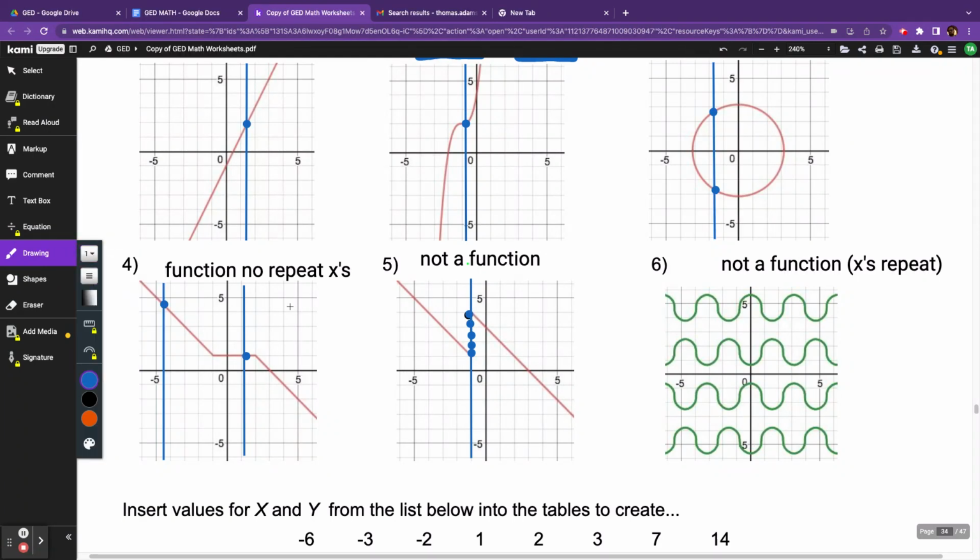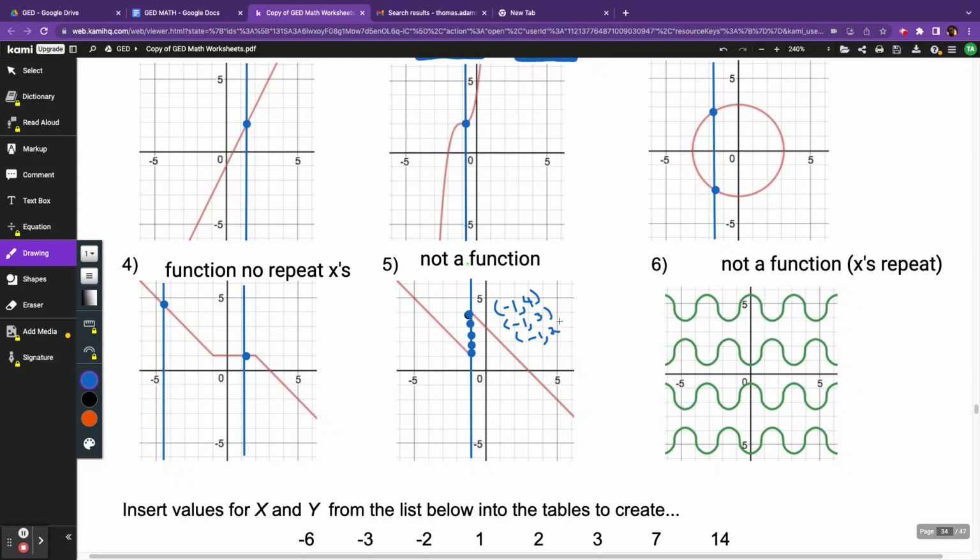here's the really weird thing about this. If I graph this point, it's -1, 4. And then this point here is -1, 3. And then another point that exists on the line is -1, 2.